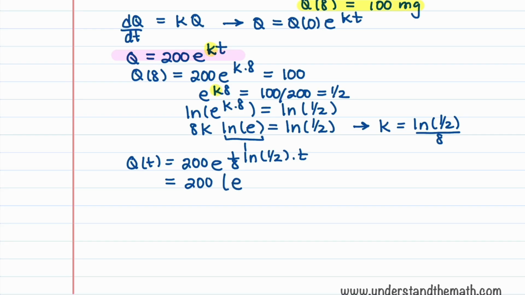I'm going to write this as e^(ln(1/2) times t/8). And then we know that e to the natural log of 1/2 is just 1/2. So this is 200 times 1/2 to the t over 8. And that is our expression for the mass that remains after t days.